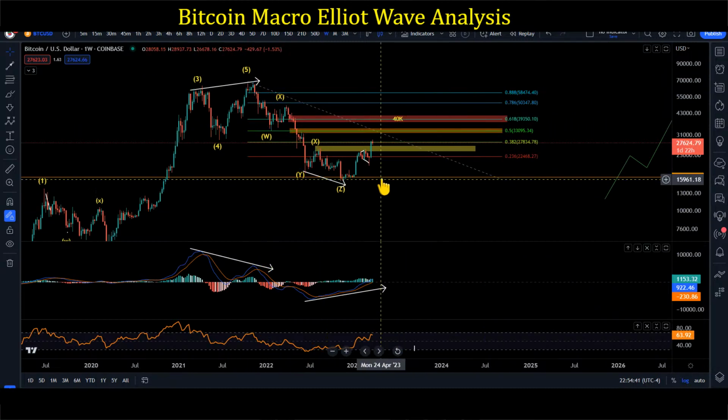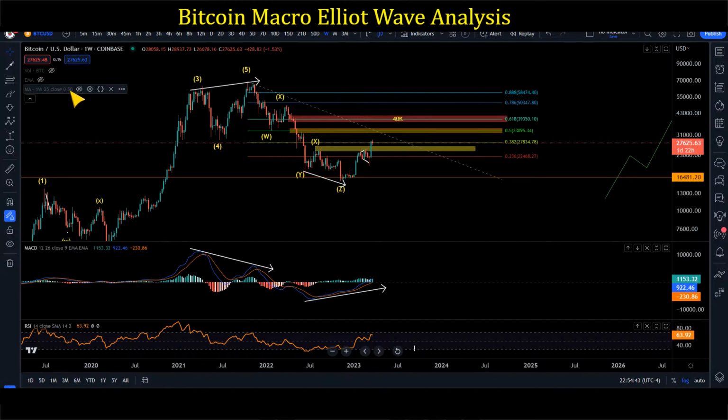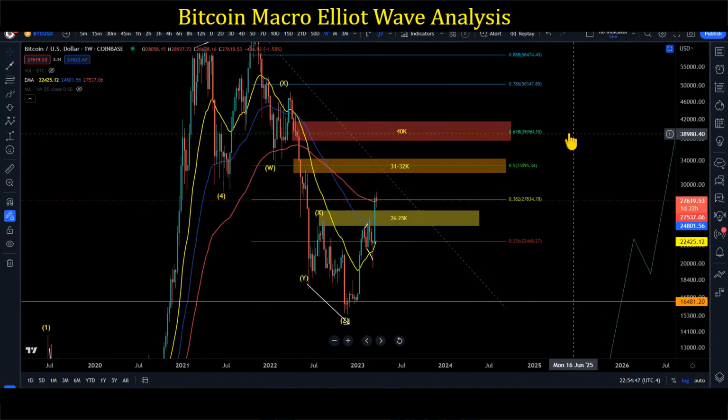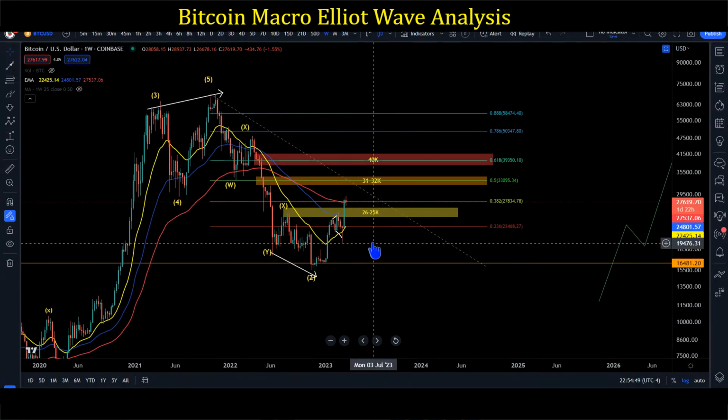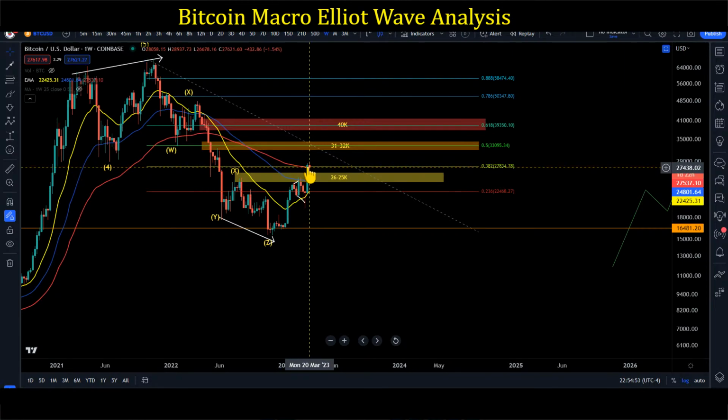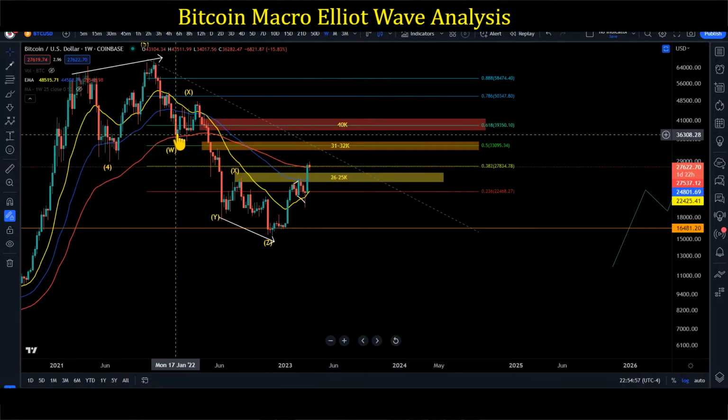So right now, if we take a look at it in terms of a reversal, BTC is above the weekly 21 EMA, above the weekly 50, that's the blue line right here, and now above the weekly 100 EMA. And if we go back to Q1 2022, that was our target right here.